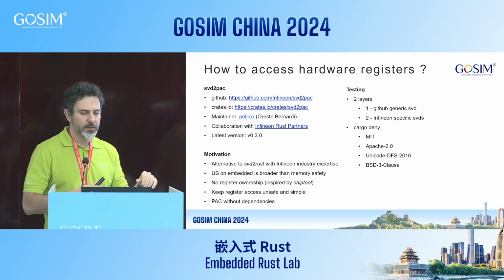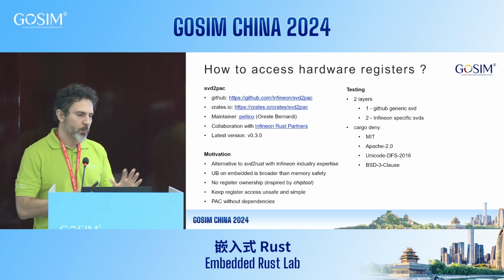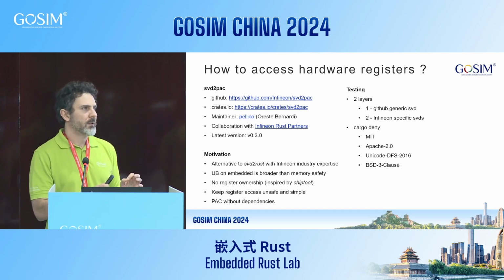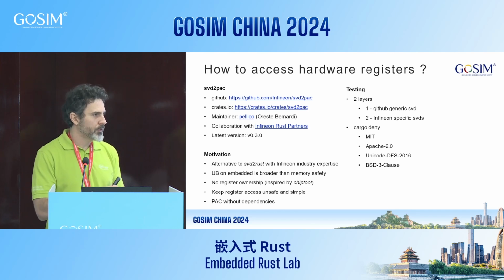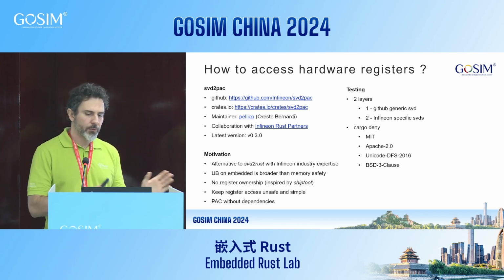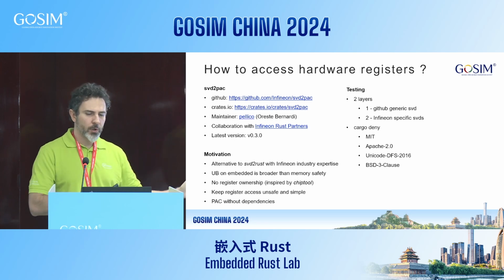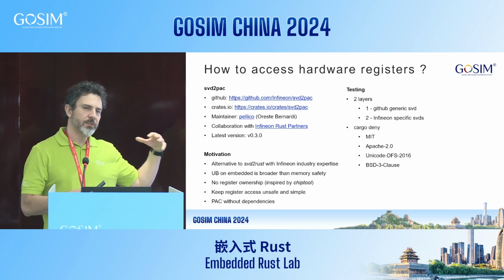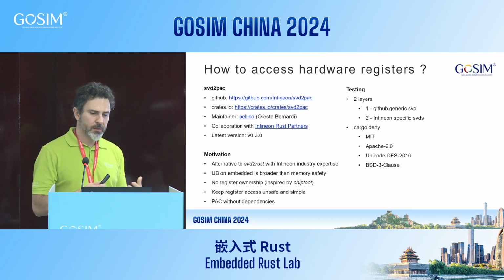The first layer of testing is only in GitHub, where we have a generic SVD that doesn't contain any information specific to Infineon. So we make sure that if you follow the SVD standard, it will work. And for the Infineon-specific SVDs, we have an internal layer of testing.